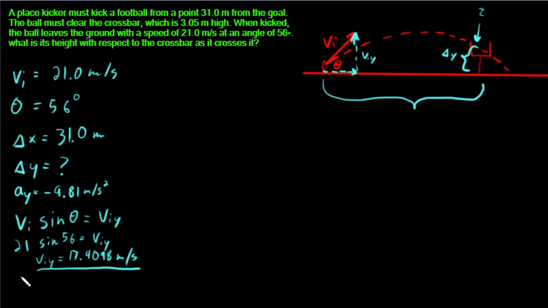Let's go ahead and now do the same thing for cosine theta, and that will equal VIX. Putting in again 21 for VI and 56 for theta, I will find that VIX is equal to 11.7431.